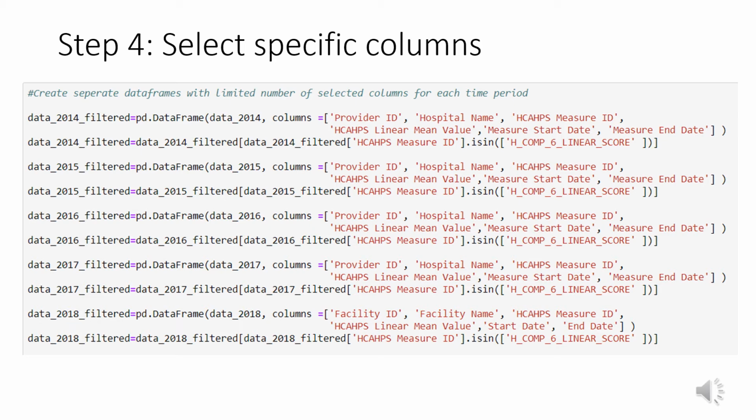And for 2018, that changed to facility ID, facility name, start date, and end date. And furthermore, we're saying we only want within the measure ID column the measure that says HCOMP6 linear score. So we're narrowing our columns and narrowing our rows so that we have a compact data set.